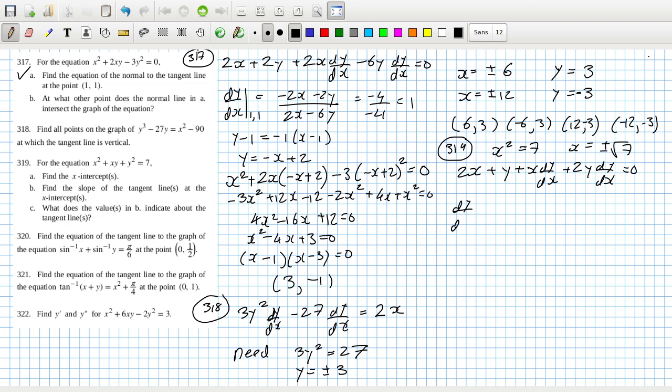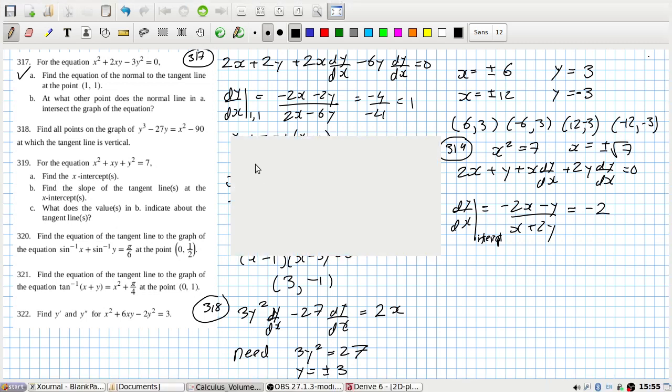So that's dy/dx equals minus 2x minus y over x plus 2y. And then this is at the x-intercept, which means automatically the y is 0, so it's just going to be minus 2 regardless of what the x was actually. Interesting.